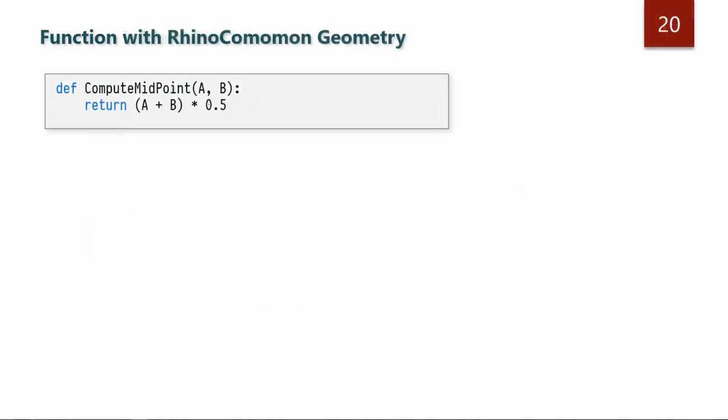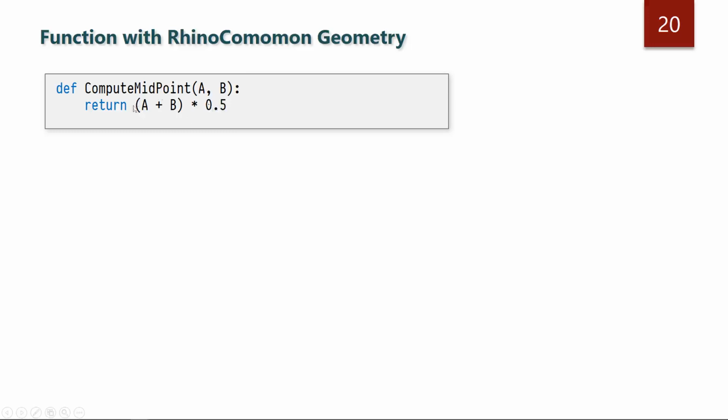Okay. All right, so let's do useful functions with Rhino geometry. The routine of computing a midpoint. Actually, computing a midpoint is quite simple. In Rhino, it's just like saying A plus B, and then divide by 2 or multiply by 0.5, right? But it's nice to package.